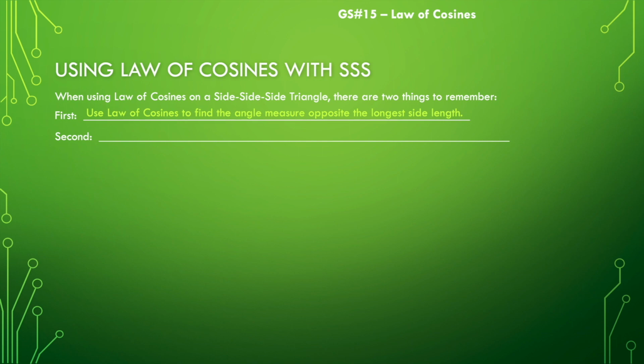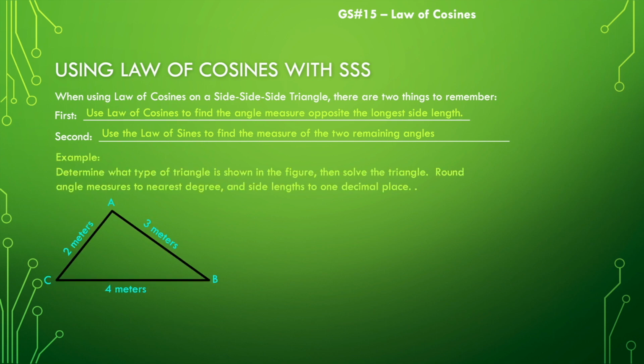So we're looking for the largest angle measure first, and we're doing that really to prevent any kind of ambiguous case scenarios from creeping in. Then after that, we're going to use law of sines to find the measure of the two remaining angles. So here we have an example where we're given three side lengths.